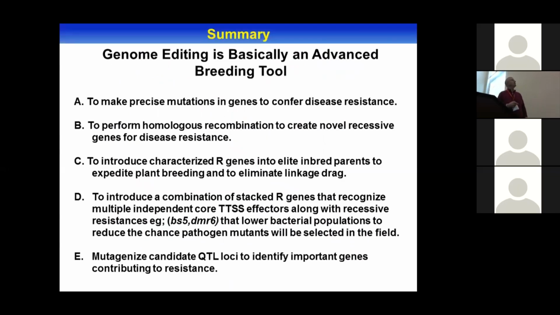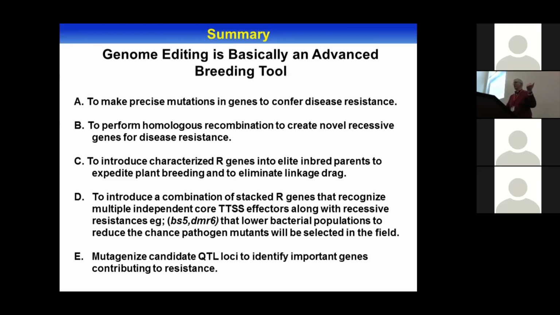So basically, the summary here is we're interested in combining a multi-pronged approach for disease resistance. Okay, we don't want to rely just on disease resistance genes. We'd like to combine into plants pattern recognition receptors, stacked resistance genes, and also susceptibility genes or recessive resistance.